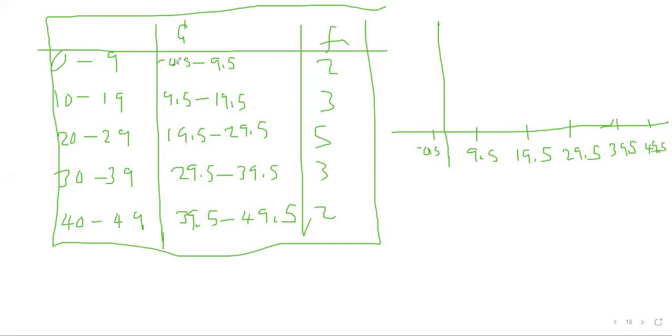So what is the height for this one? 0.5 to 9.5, it's a 2. You can draw your own scale depending on what you've been given, 1, 2, 3, 4, 5, 6. So here we have a 2. Next, what do we have?